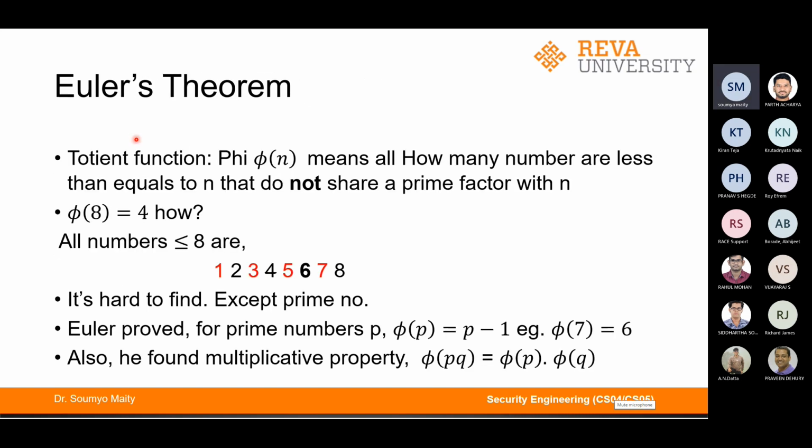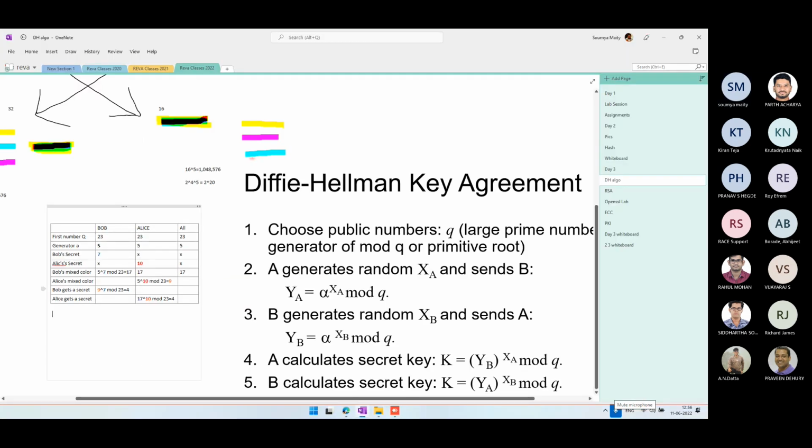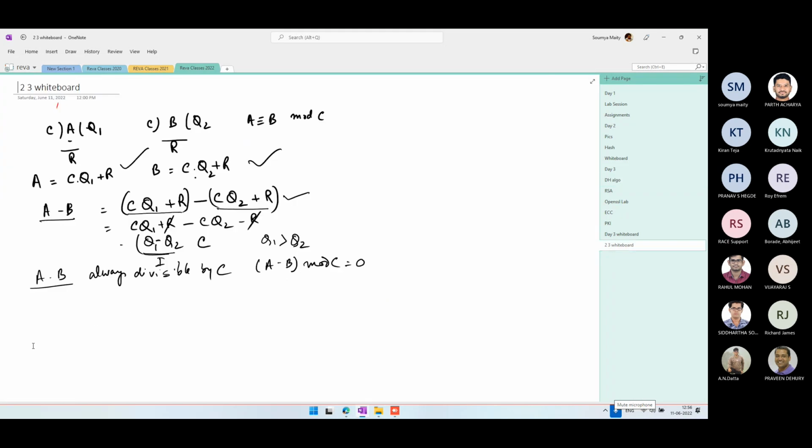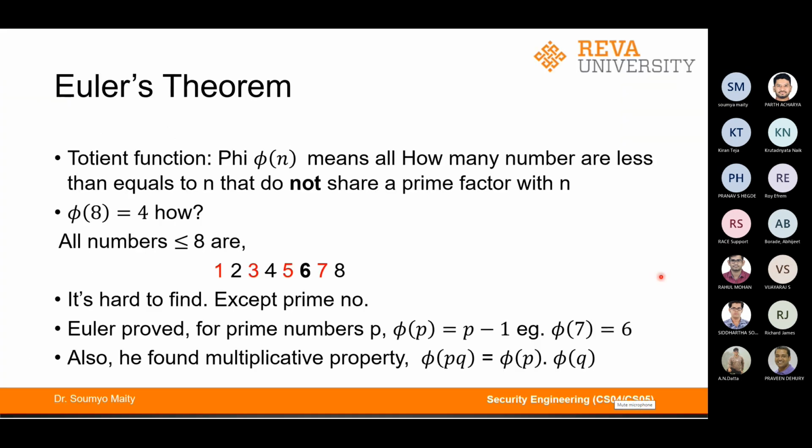Now we'll learn one more mathematical function, which is called the totient function, or the phi function. It says how many numbers less than or equal to n do not share a prime factor with n.